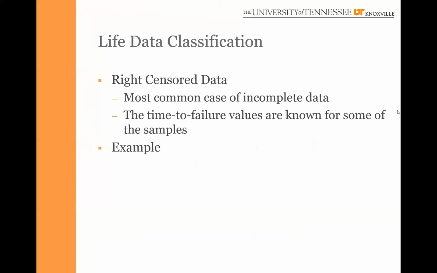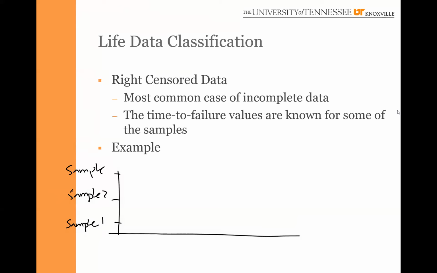But let's dig deeper into singly censored data. So what do I mean by right censored data? Let's go back to our experiment. I have sample 1, sample 2, sample 3. Let's say I start testing, right? I have to make a report.